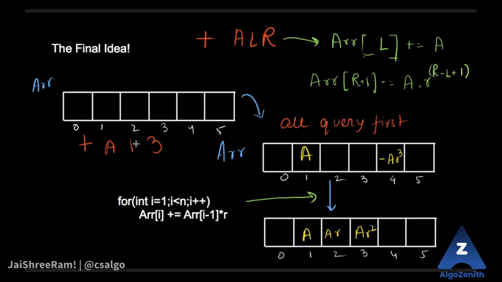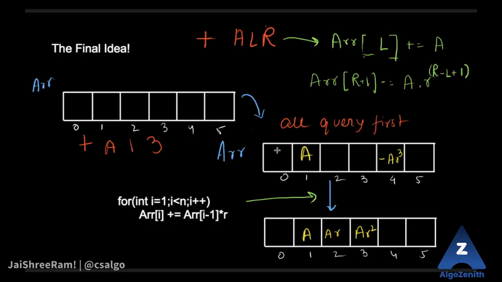So in this example, we added A at 1, that is your L, and at R plus 1, that is 3 plus 1, 4, we subtracted A times R to the power 3 minus 1 plus 1, that is 3, right? After transforming this, we were getting the correct answer.